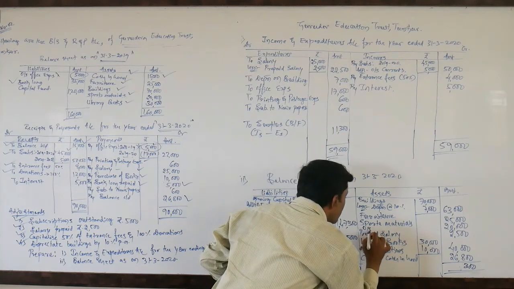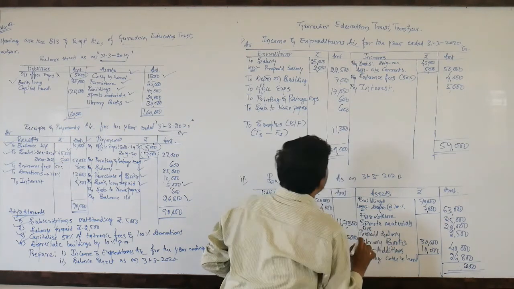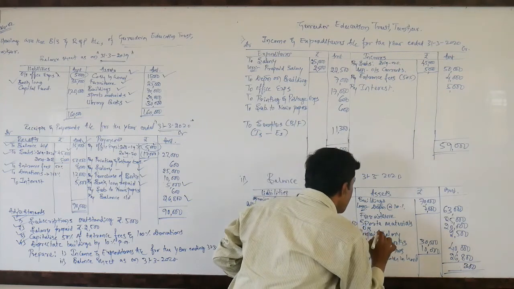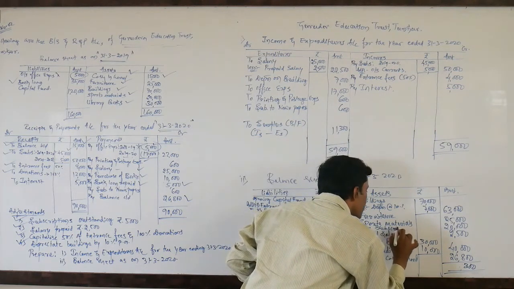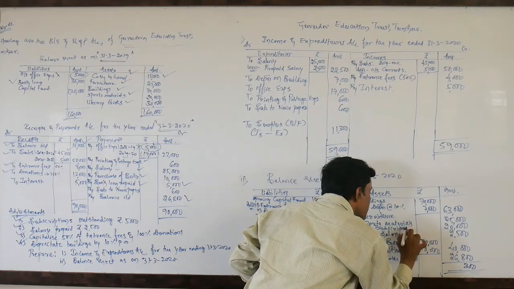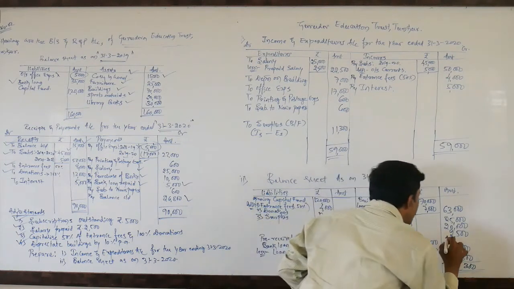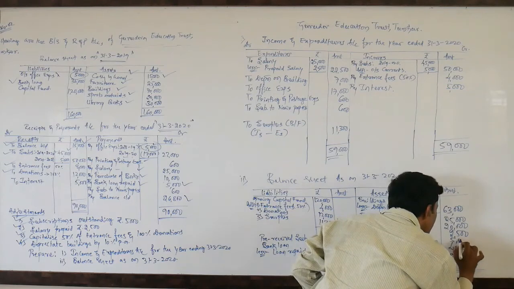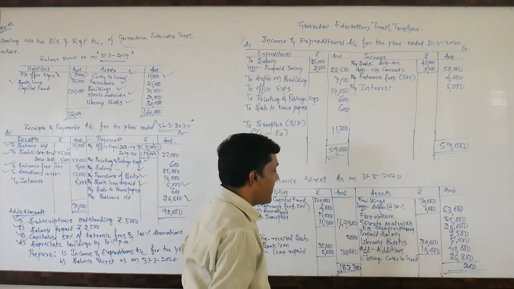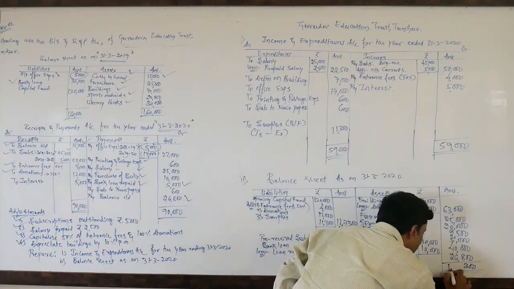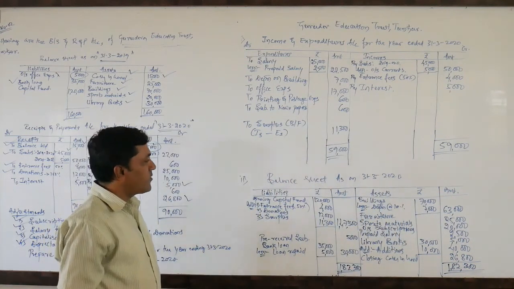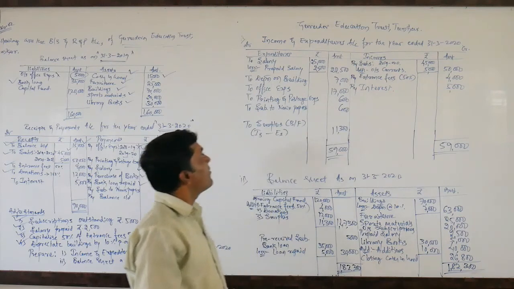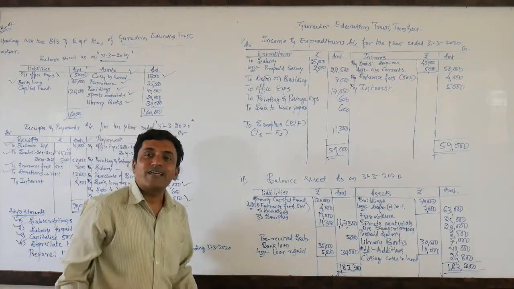I hope you are able to understand. Outstanding subscriptions of rupees 5,000. So you can get the total of rupees 1,82,300. So both side totals are equal. I would like to conclude today's class. Thank you very much.